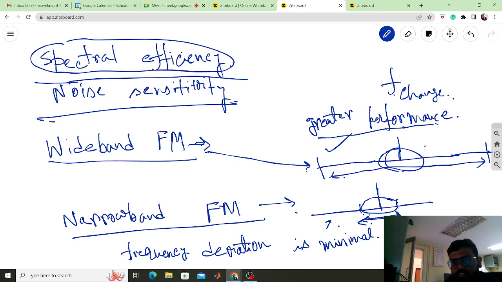And also in a similar manner, for noise sensitivity, within the carrier frequency, suppose the noise is very much high. So actually in wideband FM, the modulated signal is spread over this whole bandwidth. But for narrowband FM, the signal is spread over a small region.